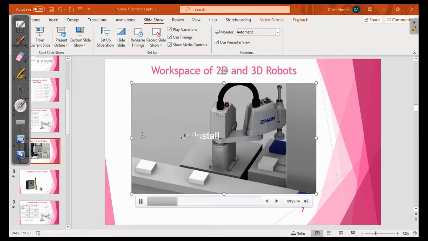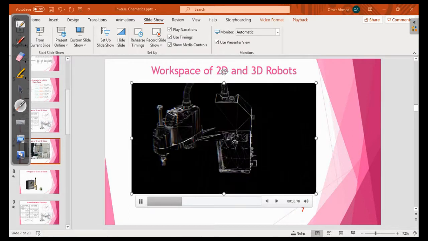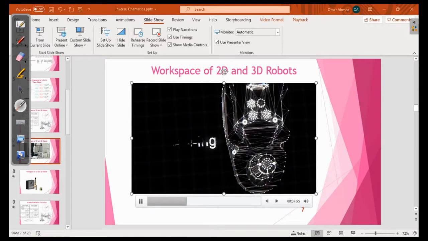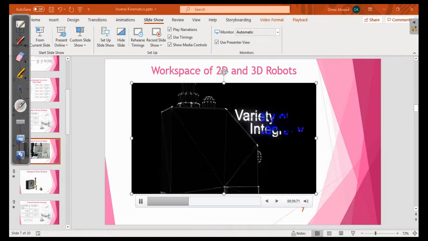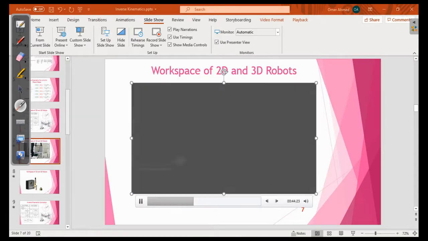There is some workspace where it can achieve any position of the end effector. It can actually achieve any position in multiple ways. You can imagine elbow towards us and elbow away from us.